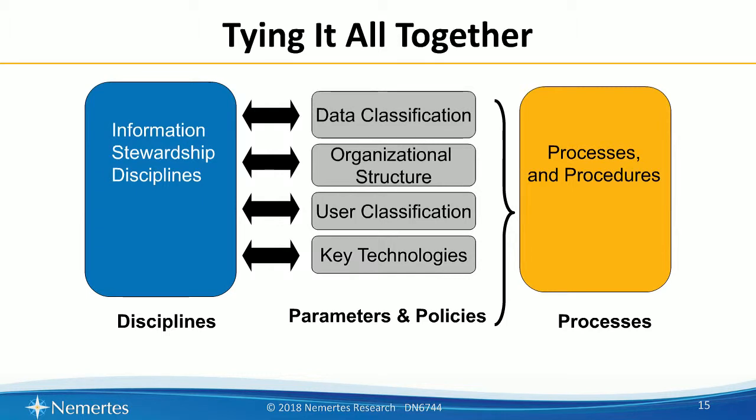Organizational structures will be influenced by these kinds of things and defined in policies which pieces of the organization are responsible for what kinds of data, and will help you identify the key technologies that you need to apply in order to bring information stewardship into practice in your organization, maybe starting with some kind of classification or master data management tool, but encompassing how you use identity access and access control systems, and how you use everything from disk arrays to backup technologies, possibly even cloud backup technologies.